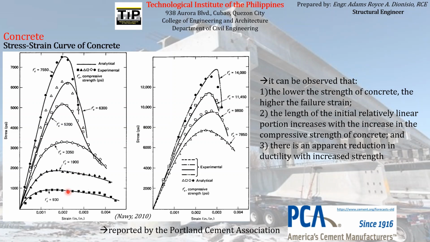As the strength of the concrete increases, the ductility, actually the length of the stress strain curve from the end point to the yield point, obviously decreases. So there is an apparent reduction in ductility as you increase the compressive strength. So those are the things that we can gather or observe from this report from Portland Cement Association.